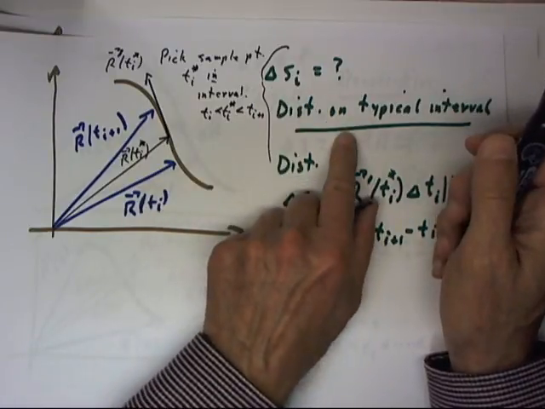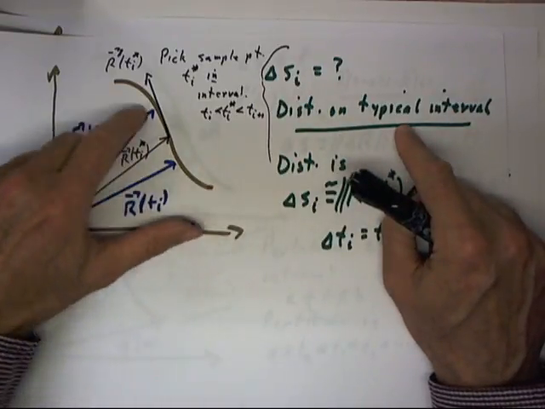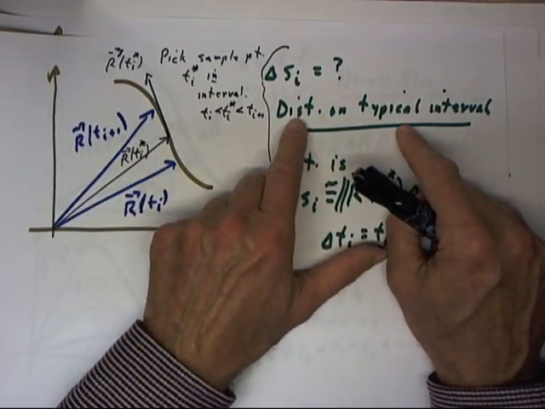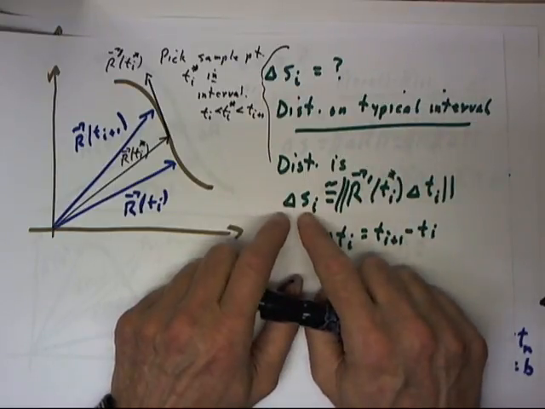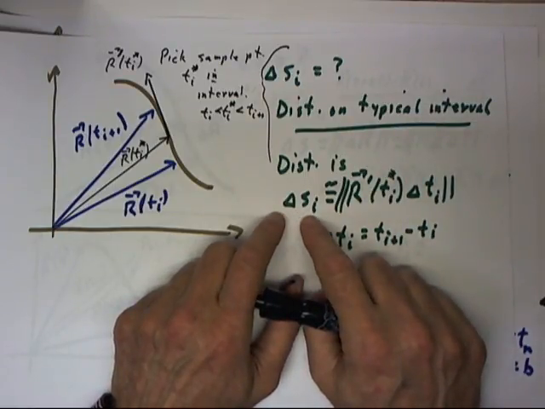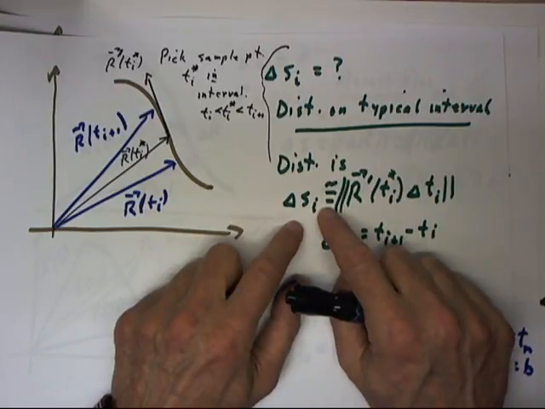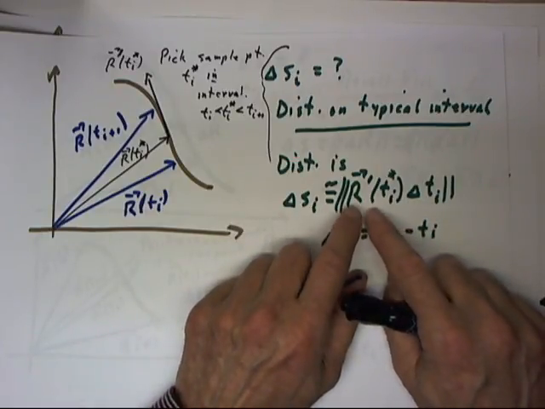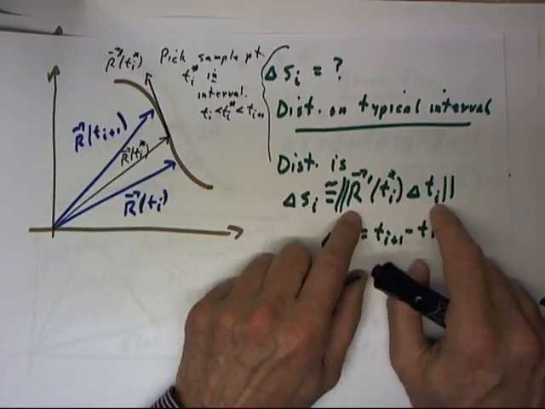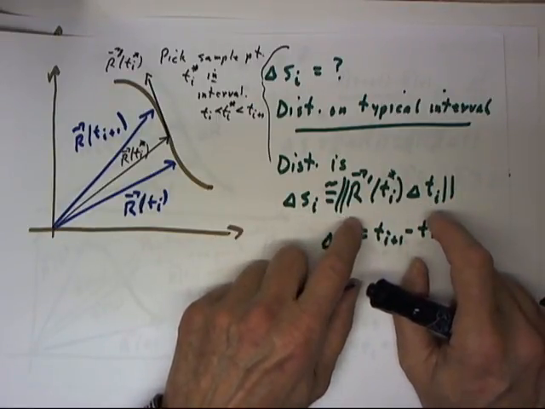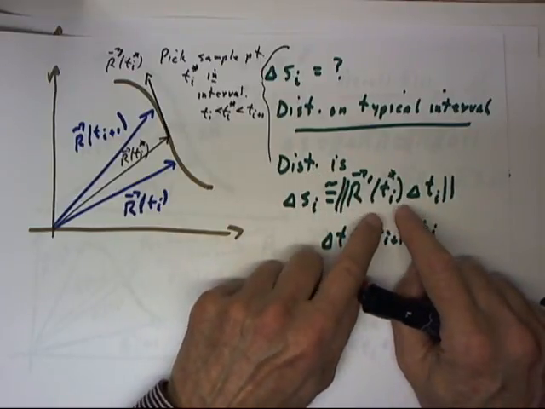In this case, the distance moved along this arc is just going to be what? Well, first we'll denote it delta s sub i, and that's approximately equal to the product of the r prime vector and the delta t sub i, the magnitude of that vector.